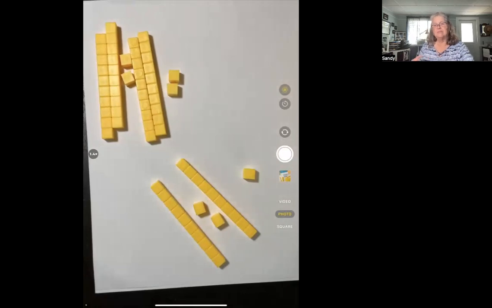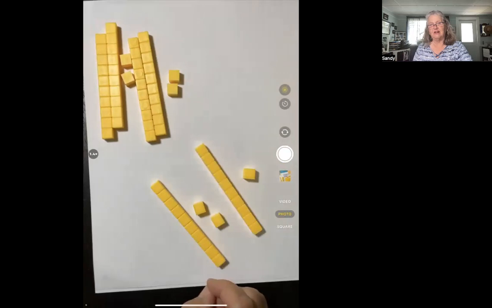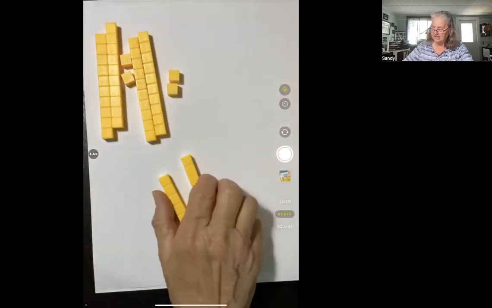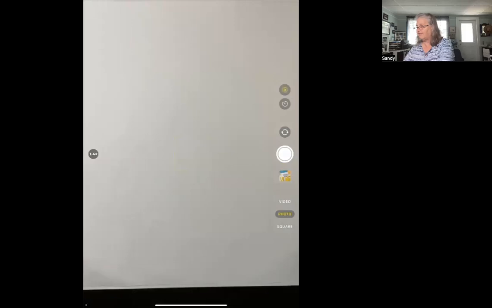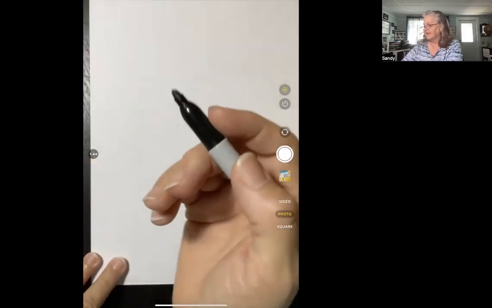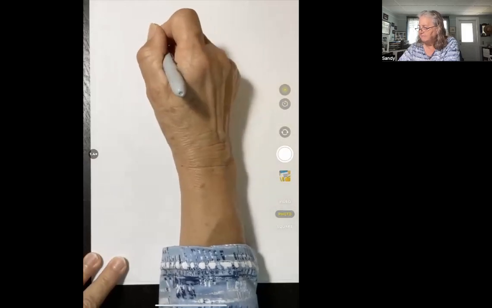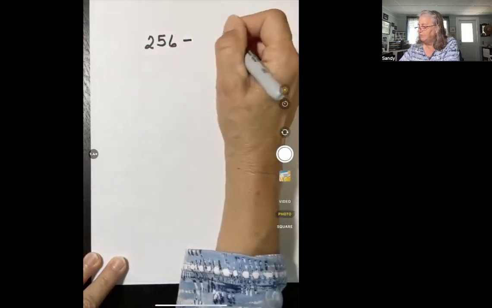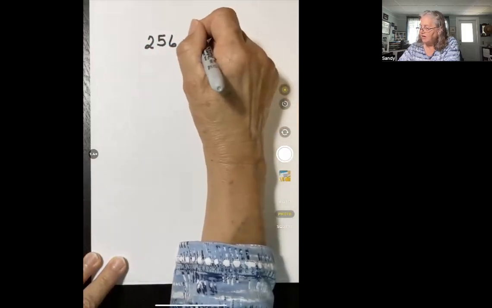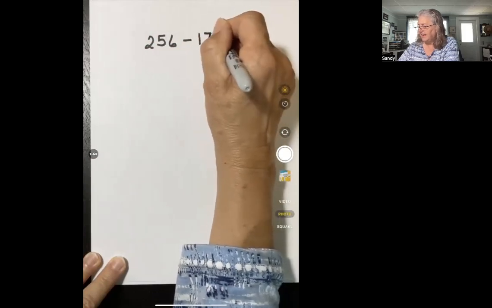And then there are some key things we do when I need extra ones of these. I don't have enough ones. So let's say I have a problem that's something like 256, and we're going to remove 178.